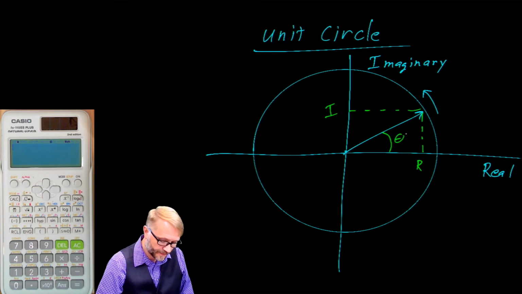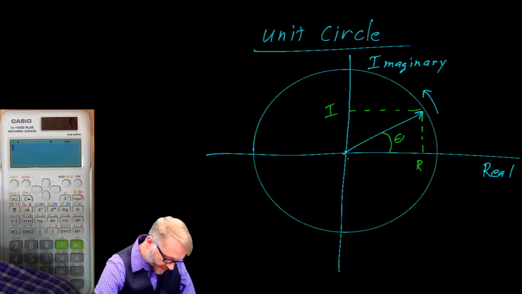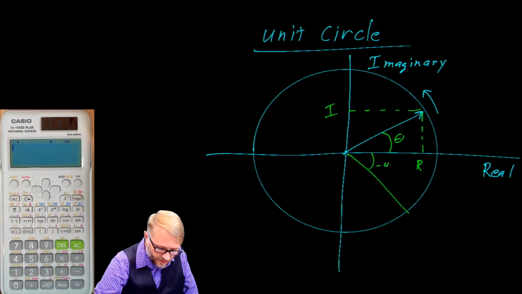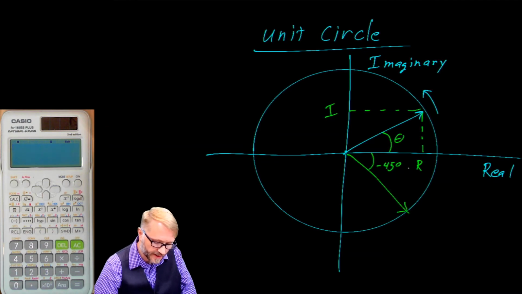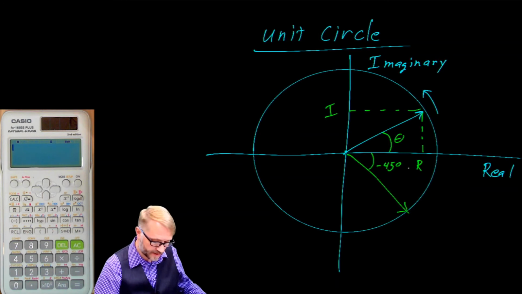For example, if it's there, we would call it positive with a length of 1. If it was straight in between, we would call that negative 45 degrees. And we would call it a length of 1 because it's on the unit circle. So keep that in mind.